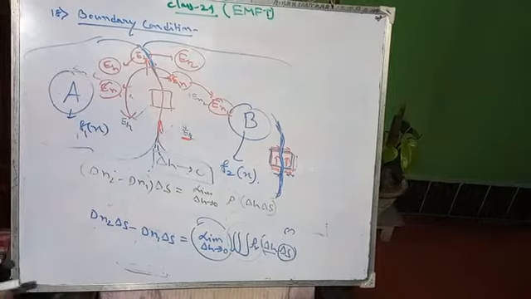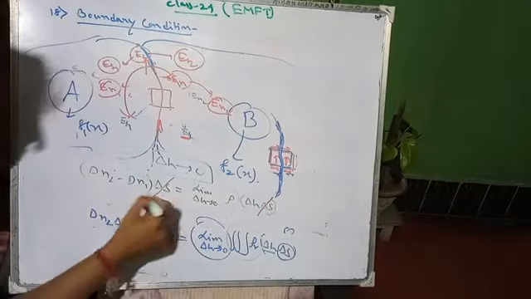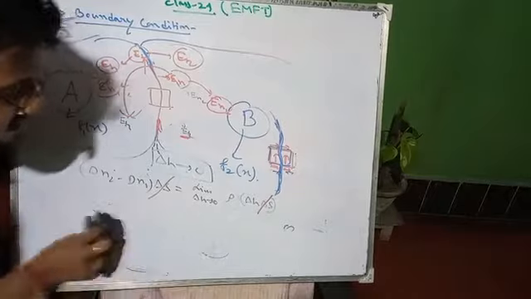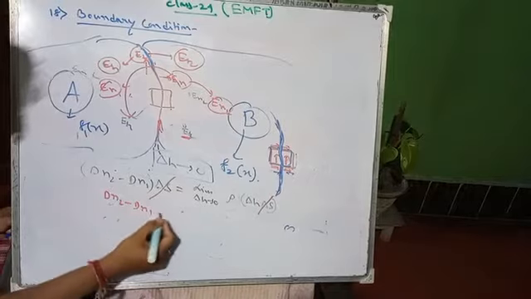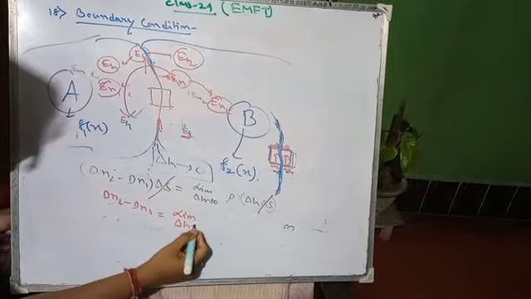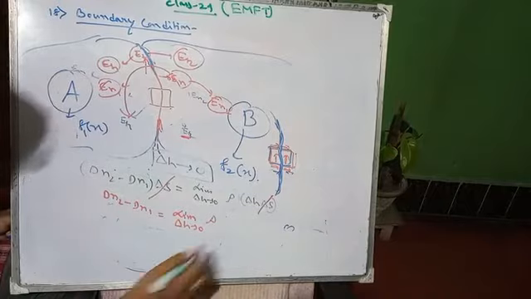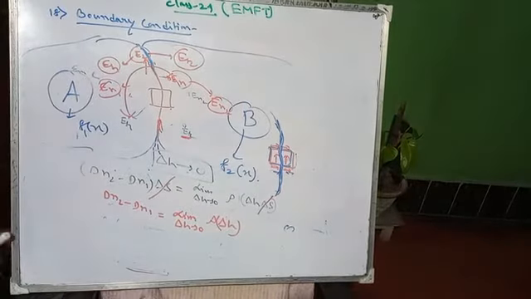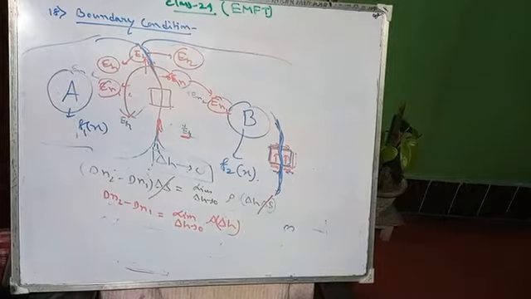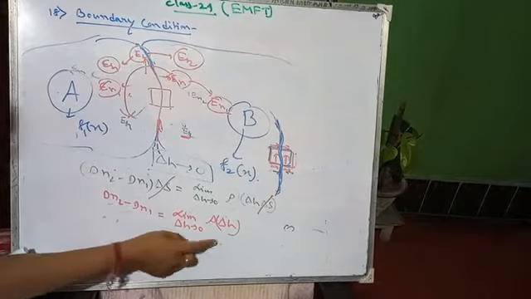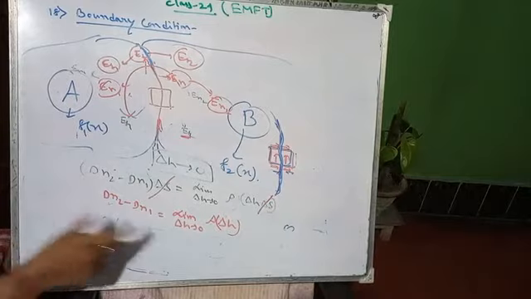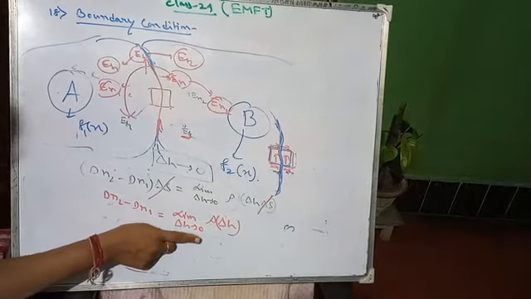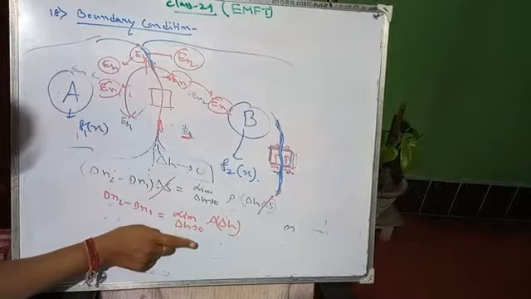This del S can be cancelled from both sides, so ultimately Dn2 minus Dn1 equals limit del H tends to 0 of rho into del H. This quantity on the right hand side of the above equation, in the limit as del H tends to 0, is called the free surface charge density.